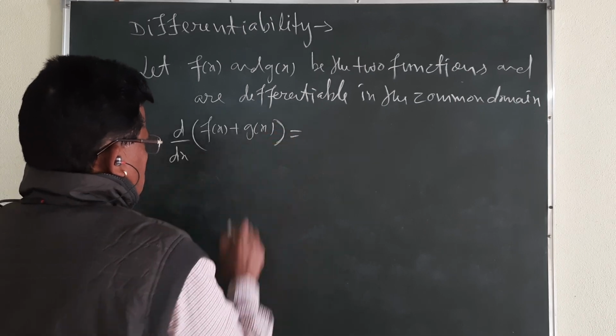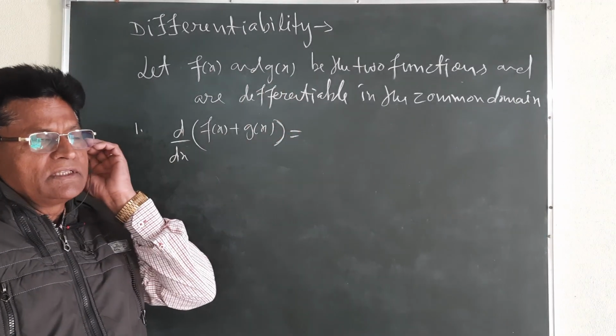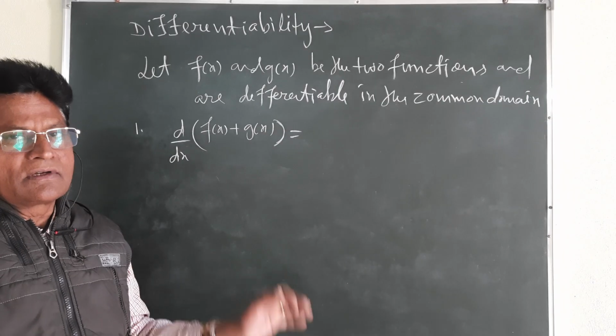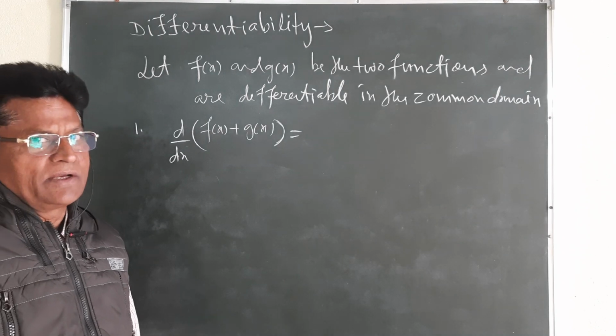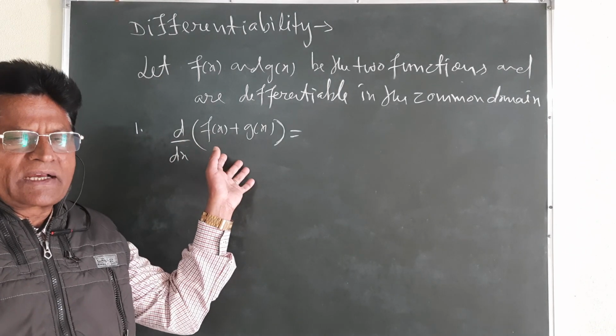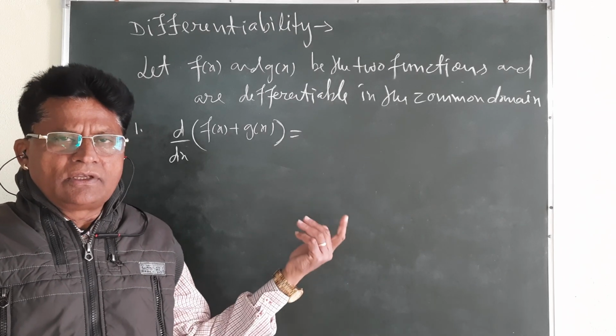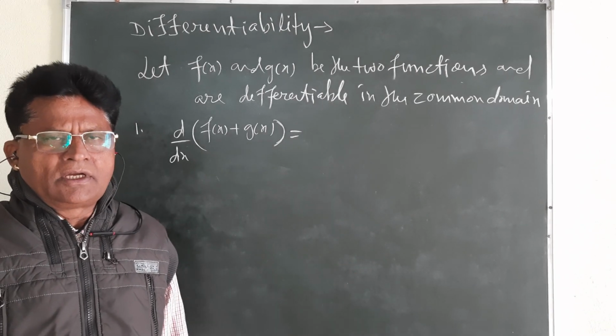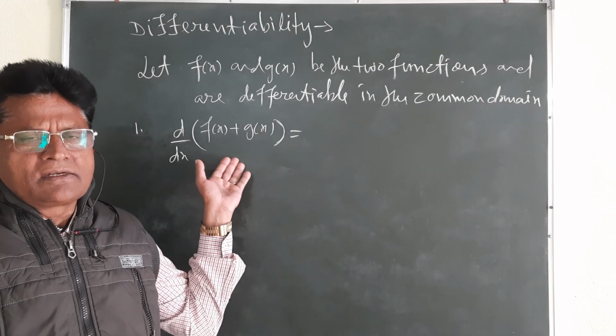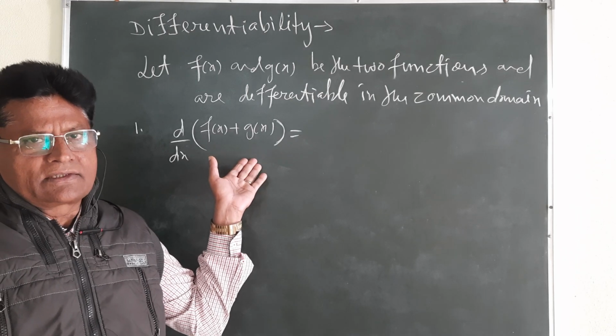Very simple. Already I have said these are functions in the form of x, that will be the variable. A function will be given in the form of x, but it may also be in the form of s, t, u, v, whatever it may be. But here we are taking the function in the form of x.